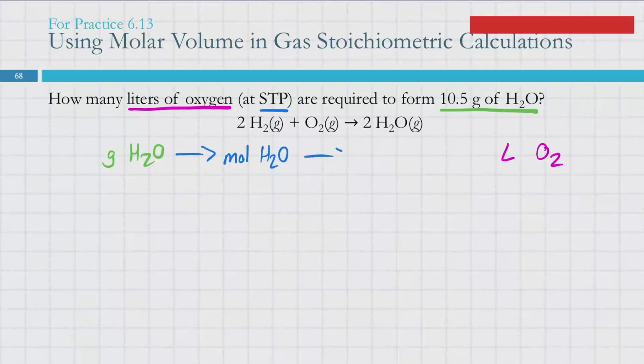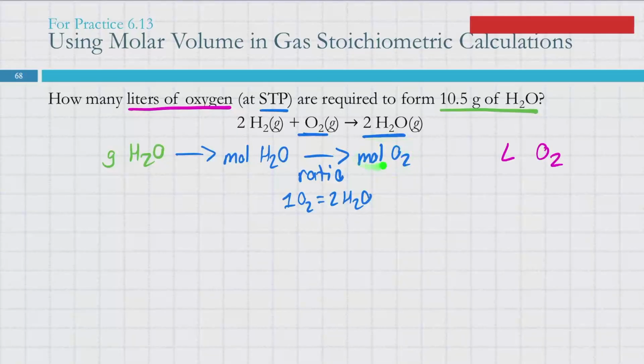From moles of H2O, what can we get to? What chemical are we trying to end in? Our answer is going to be for oxygen, for O2, so we need to change our chemical out. So figuring out the moles of O2. And that's going to be using the ratio from our balanced chemical equation. So 1 O2 equals 2 H2O would be our equivalency, our ratio that we would use.